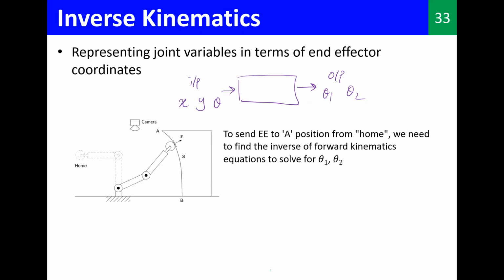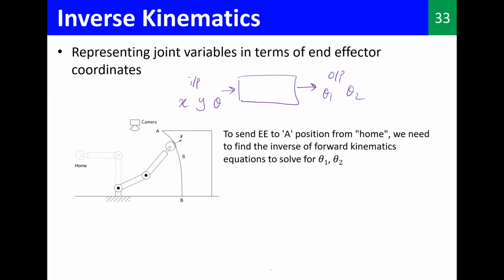So if I again show you this same figure, I told you we need to send the end effector from home to A. So for A in the physical dimension, we know where A is. It can be 10 meters from here in the X direction, and 10 meters in the Y direction.